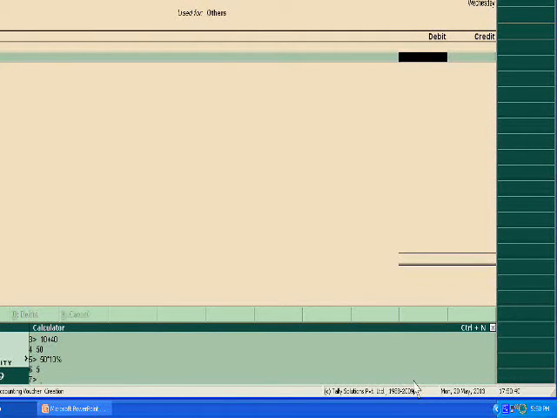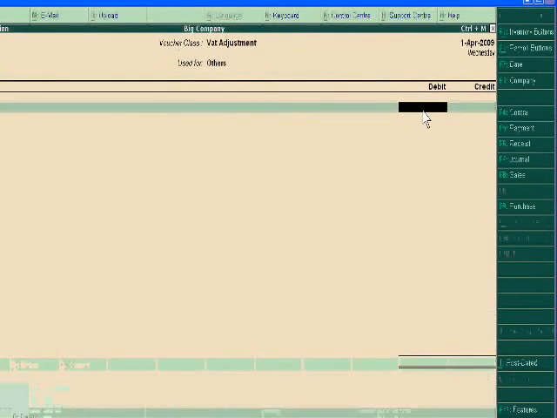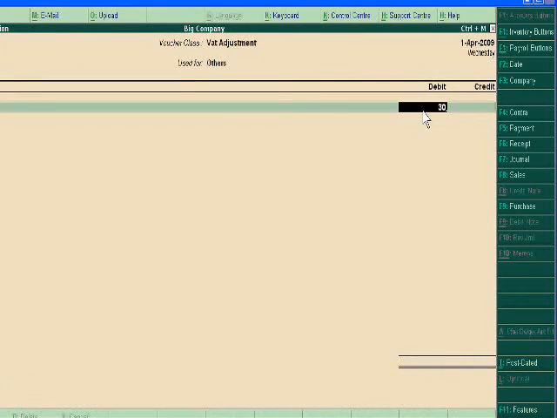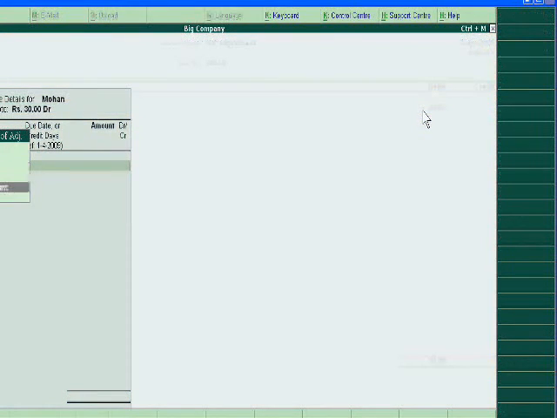Just 2000 sale, and its 1% is 20 plus 80, all tax is 100, and 100's 10% is 10, so 20 is the 1% increment, and 10 is the surcharge, so 30 rupees more we will get from our debtor.